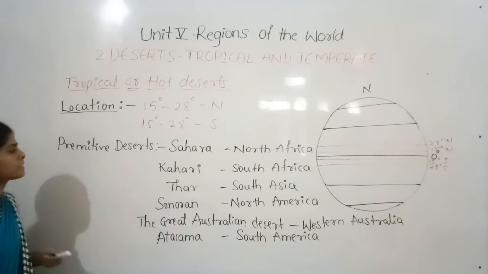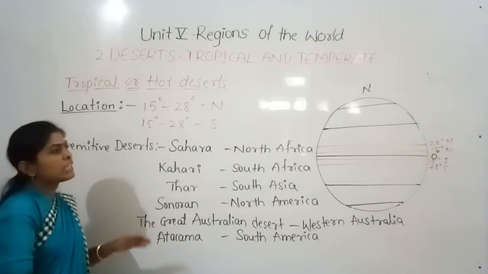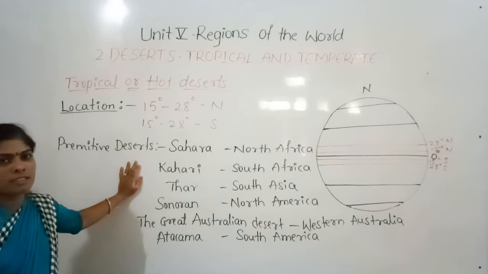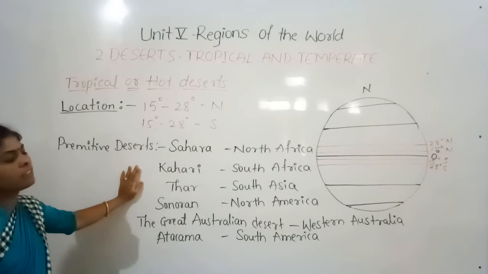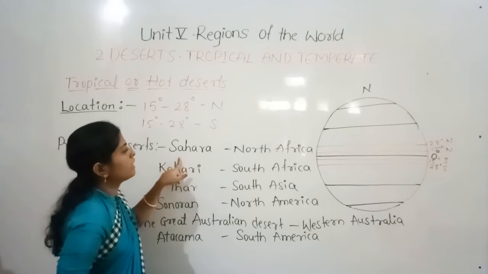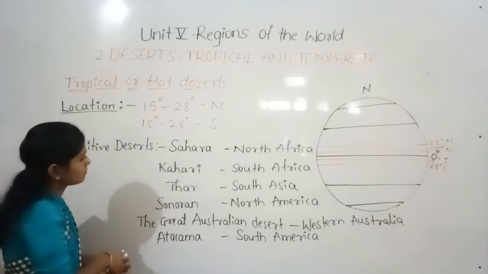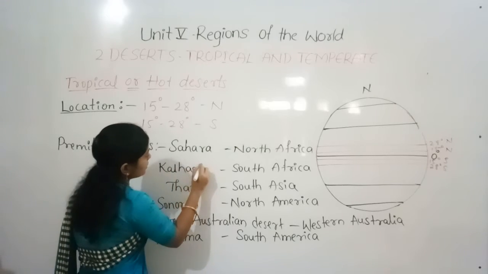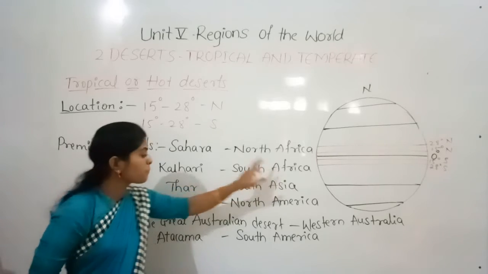So these are some of the major deserts which we can find in the tropical or hot deserts. Some of the major deserts in the tropical regions are the Sahara Desert, which is in North Africa. The Kalahari Desert, which is in South Africa.